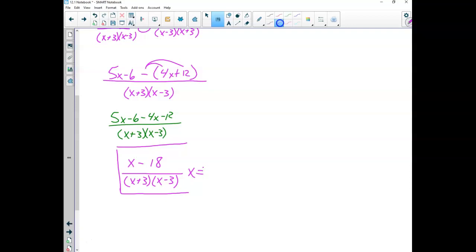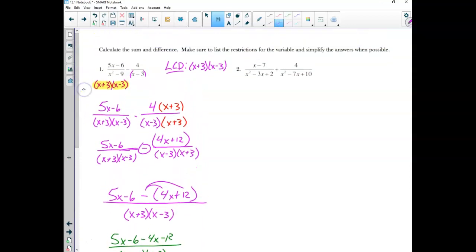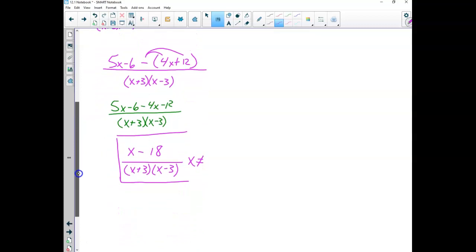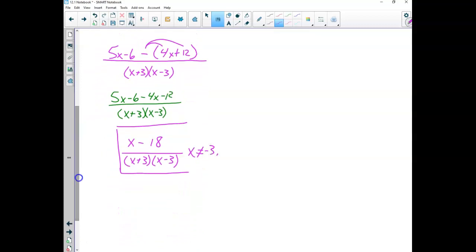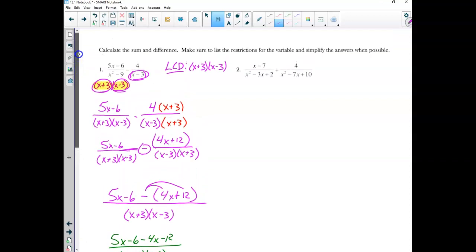But my restrictions: x can never equal, I have to come all the way back up here, and they can never be -3 or 3. So my restrictions are x cannot equal -3 or 3. And that is how we add and subtract rational functions. Your calculators aren't going to do them.